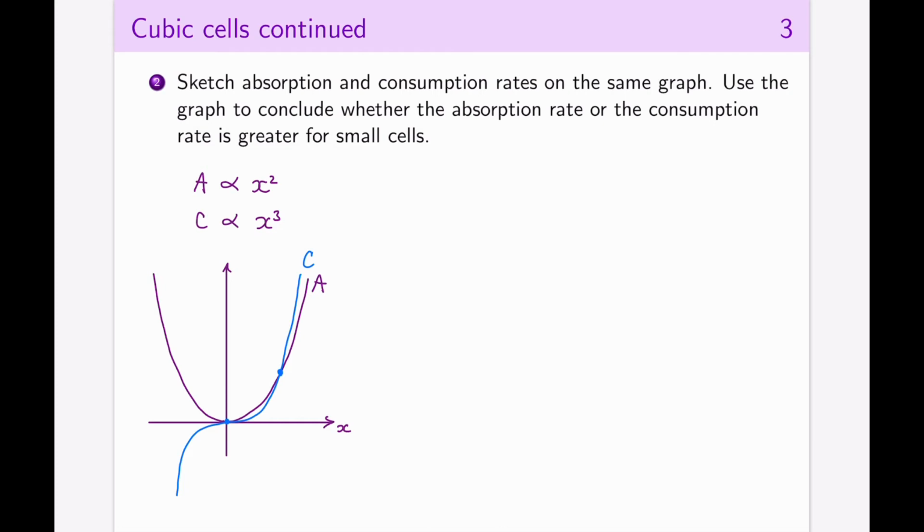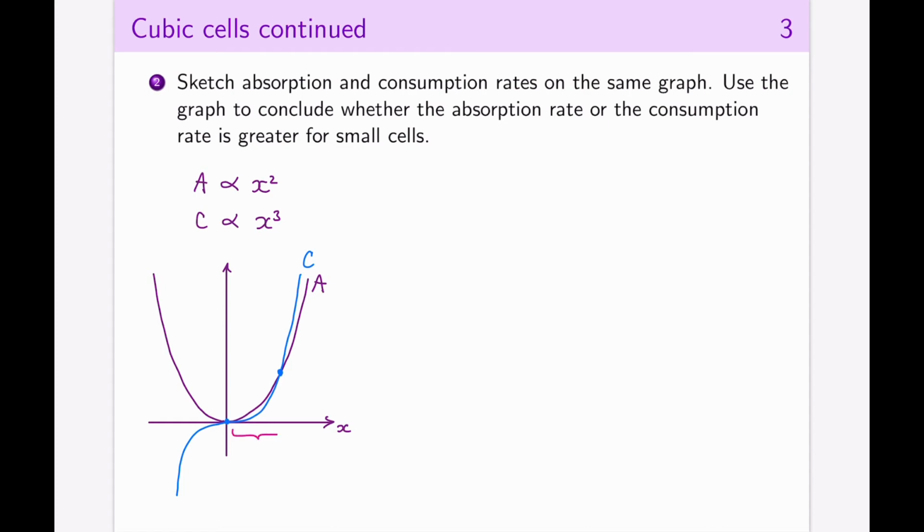For small values of x, which is the side length of the cell from the previous slide, we notice that absorption is dominating, which means that absorption will be greater than consumption, and therefore the cell will be able to take in more nutrients than it uses, and therefore it will survive.